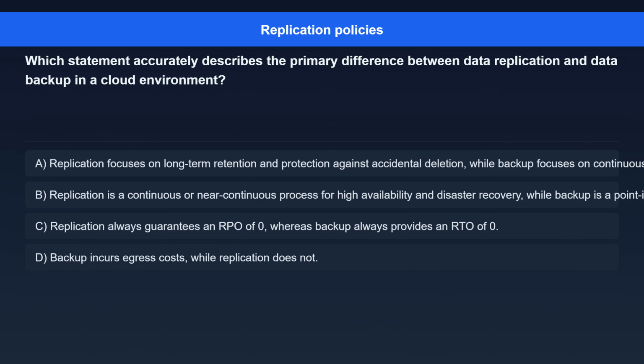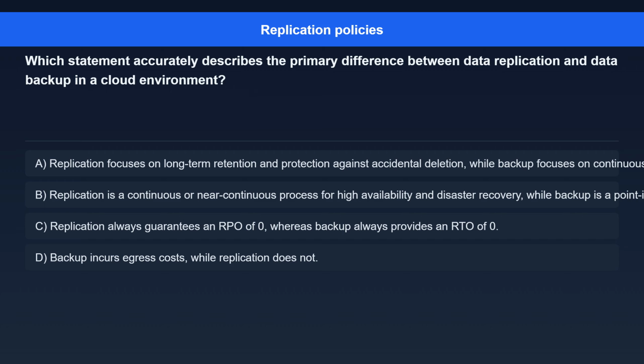Question 6. Which statement accurately describes the primary difference between data replication and data backup in a cloud environment? Option A. Replication focuses on long-term retention and protection against accidental deletion, while backup focuses on continuous availability.